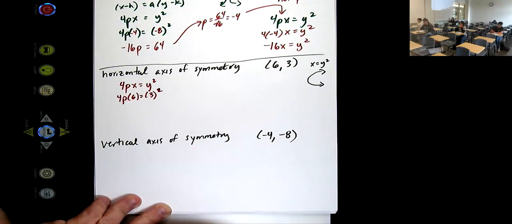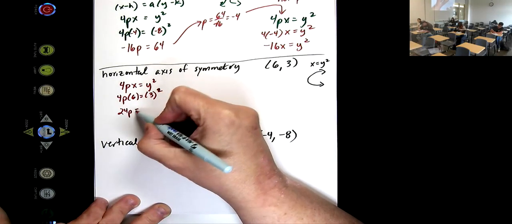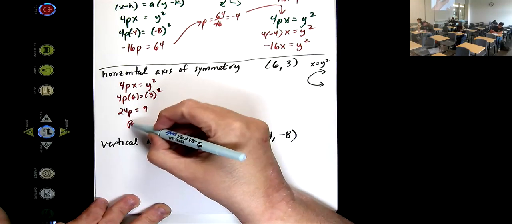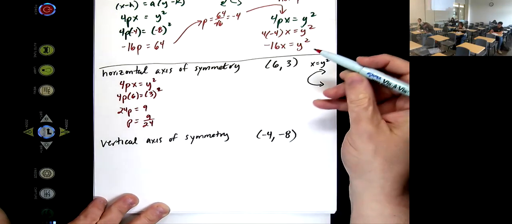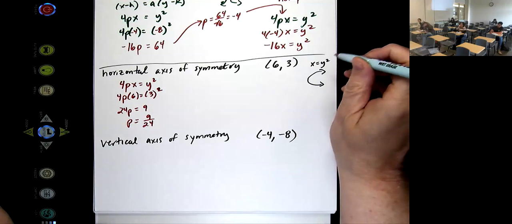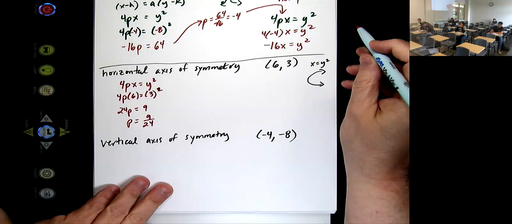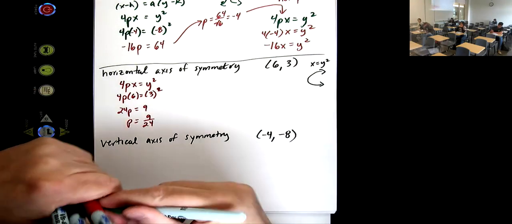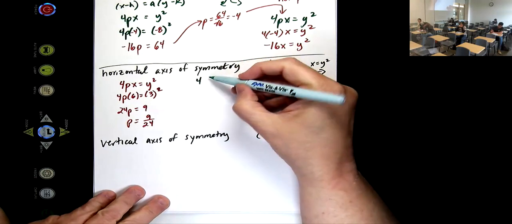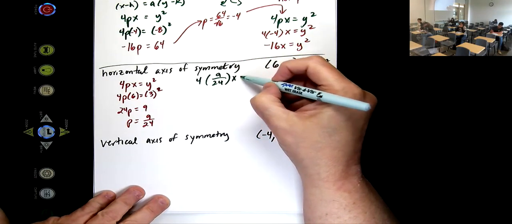This is what happens when you just make stuff up. 24p equals 9. So p equals 9 over 24. Well, that's not too bad. So if I plug it in, I've got 4 times 9 over 24, x equals y squared.